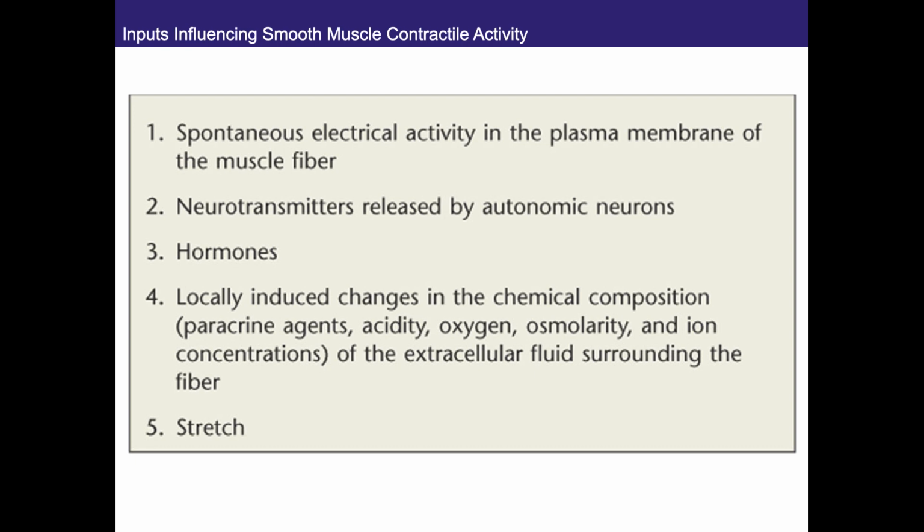The opposite is if there's a lot of oxygen, then it's going to cause vasoconstriction. So acidity, oxygen, osmolarity, different ion concentrations can all contribute. These are local changes within the environment of smooth muscle cells.